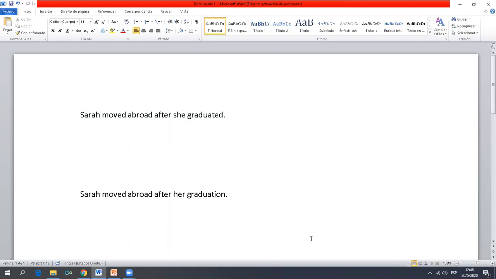Which is the simple sentence here? The simple sentence here is this one. Sarah moved abroad after her graduation. Can you see you have only one clause here, whereas there is a finite subordinate clause in the first example.